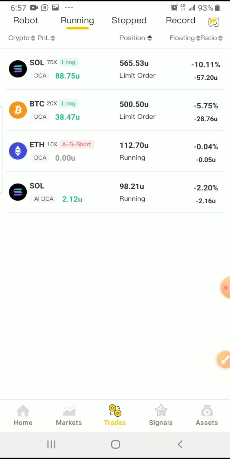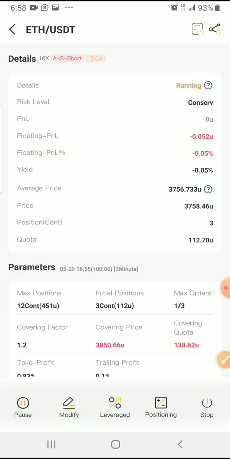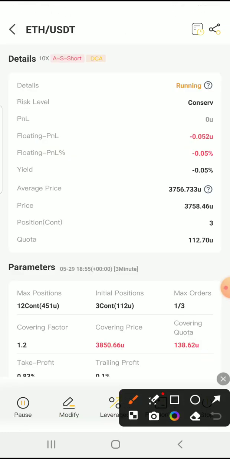And remember, our capital is what? 500. Okay, and the maximum position here is, sorry, let me get to the correct one. Our maximum position here is 451. Okay, that is how we set the 1x trade.